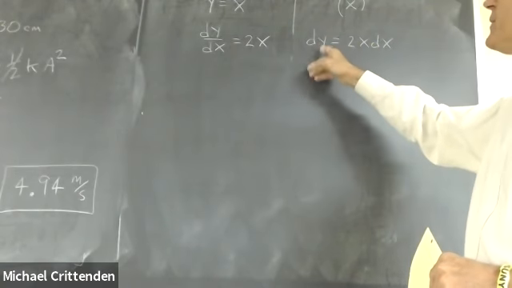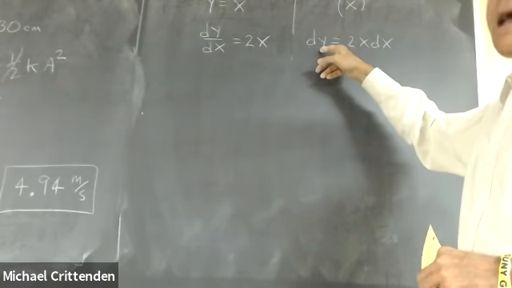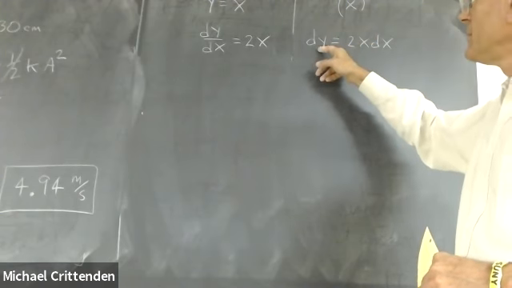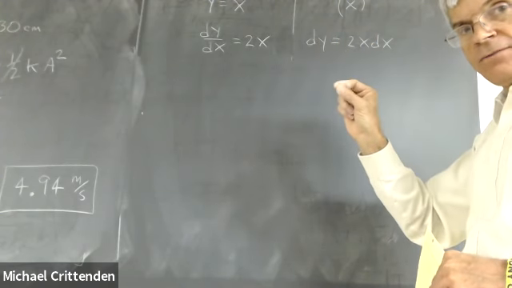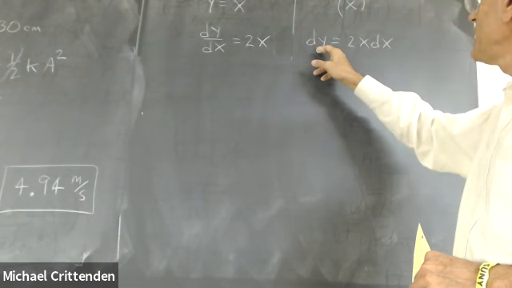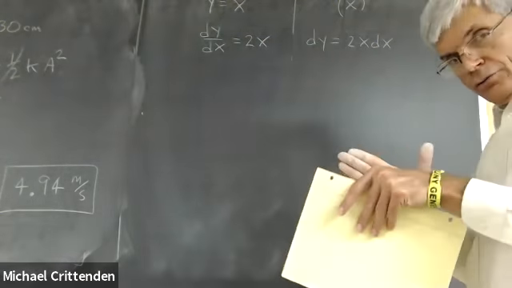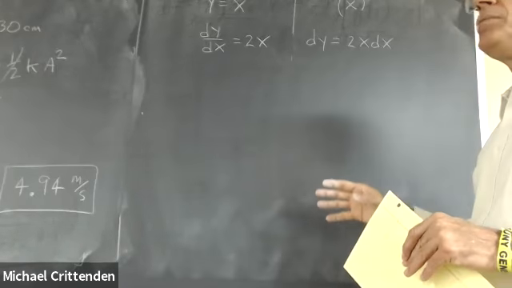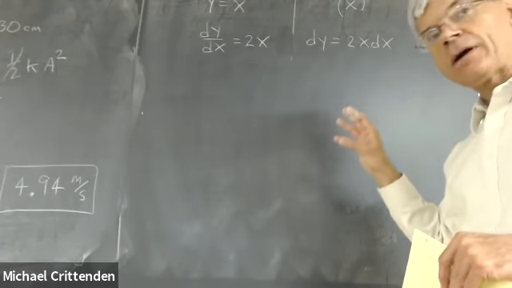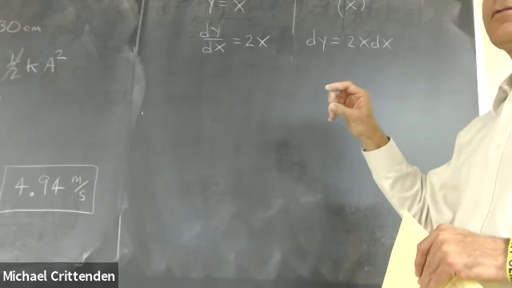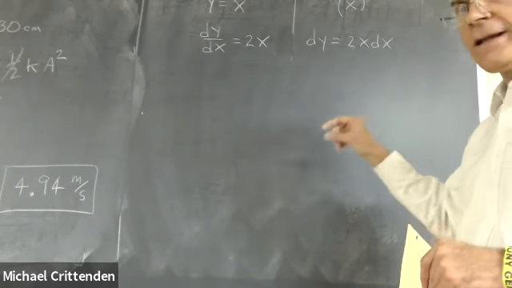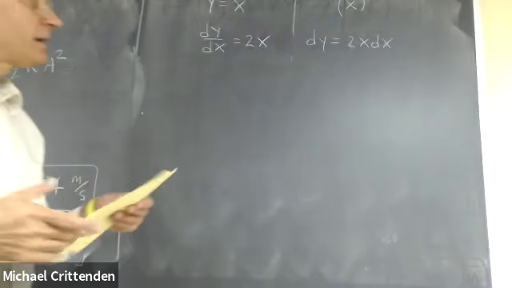Now, a differential actually means an infinitesimal amount of difference. You're taking the limit as dx and dy approach 0. But that can be used as an approximation for differences that are small but finite. It's an approximation because it's not really a differential unless you're taking the limit.